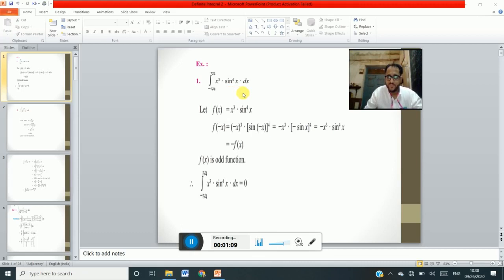And we define even and odd functions also. An even function is where f of minus x equals f of x, and an odd function is where f of minus x equals minus f of x, right?